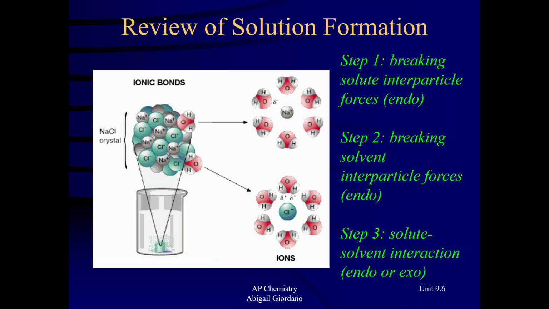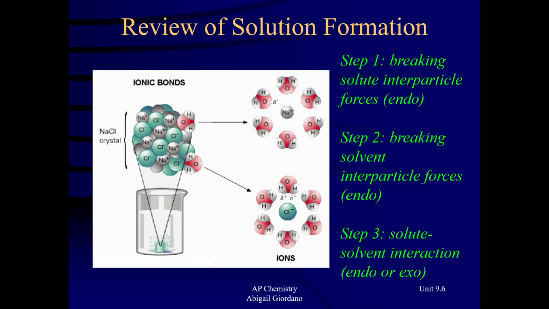Let's focus in on that third step. If the solute and solvent are going to have a strong attraction to each other and the magnitude of that exothermic heat change in step 3 is very large, then that's going to dominate over steps 1 and 2, and overall, the delta H for the whole process might be exothermic.